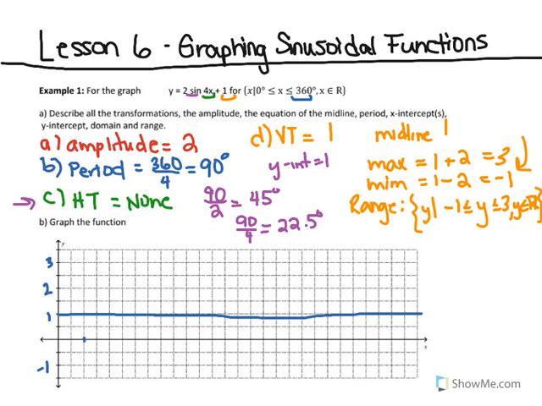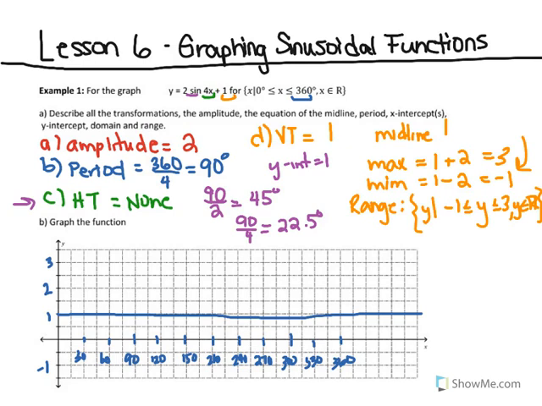And we want to spread it out a little bit so that we have room, but we also want to fit 360 degrees on our graph. So we're going to try 30. So this is 30, this would be 60, 90, 120, 150, 210, 240, 270, 300, 330, 360. So that fits on our graph pretty good.